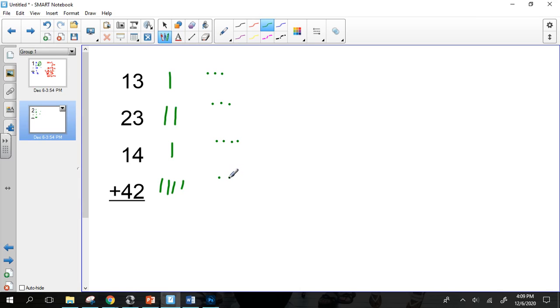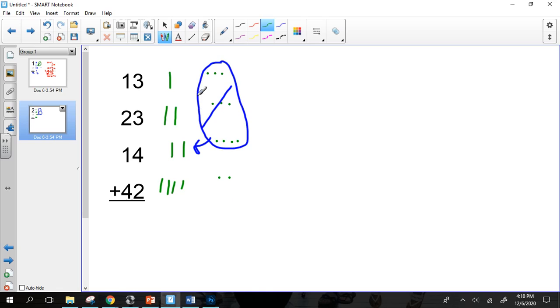1, 2. Let's see if we have enough ones to regroup. We have 3 and 3, which is 6, 7, 8, 9, 10. Yes, right there is a set of 10 if I gather all of these up. I am going to draw that 10 stick since we decided to group those together as a 10 stick.